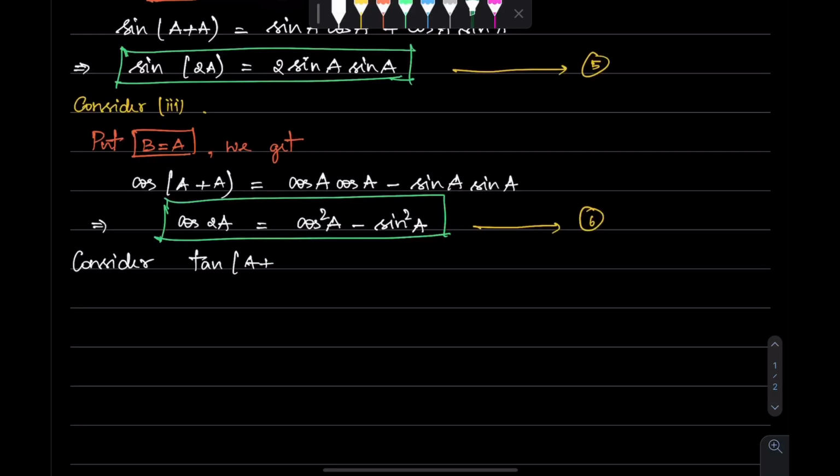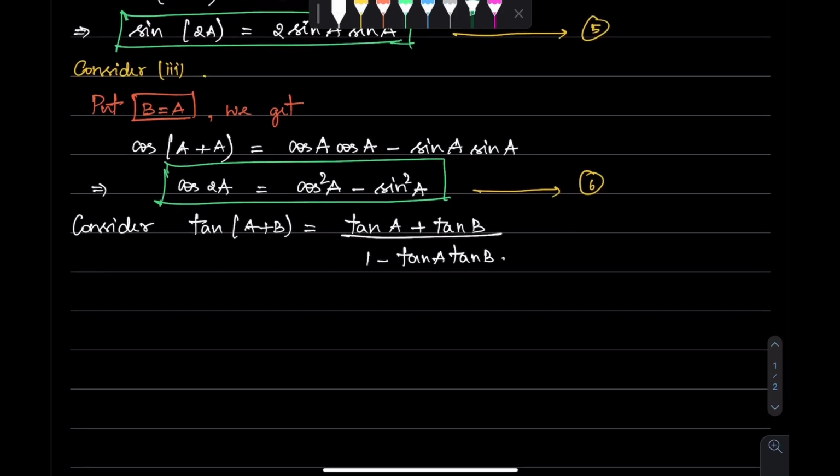What is tan a plus b, children? Tan a plus b is, we all know, tan a plus tan b divided by 1 minus tan a tan b. So what do I get here? As usual, you put b is equal to a.